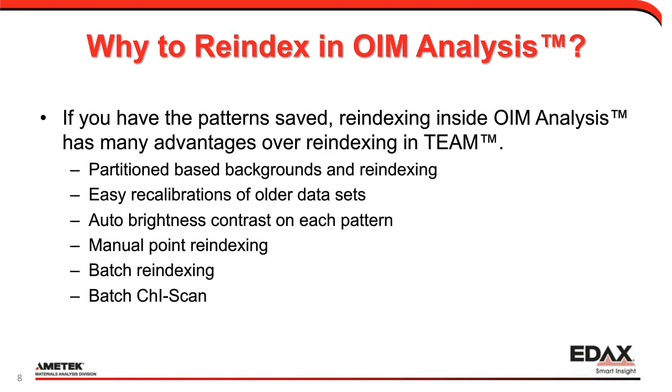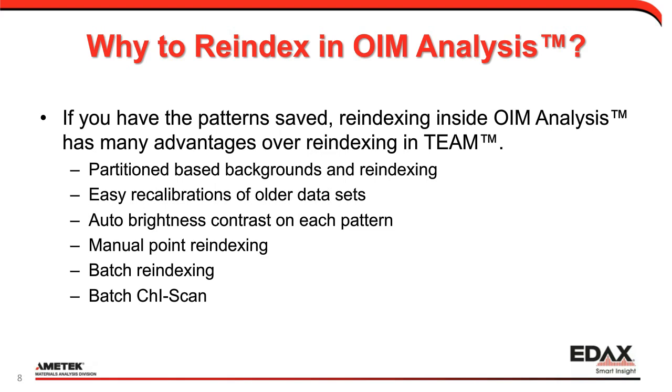The other thing is I have batch reindexing and batch chi-scan. So if I have a large 3D data set and I want to reindex the entire thing, it's essentially just one extra button push. I say, okay, everything I did to this data set, do on all of these data sets, and it just runs and runs and runs. If you're doing 50 data sets, it might take a while. You push the button, go out to lunch, come back, and the data's done. And the same thing with chi-scan, or chemistry-assisted indexing.